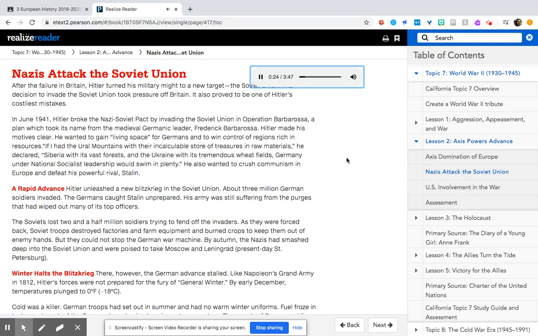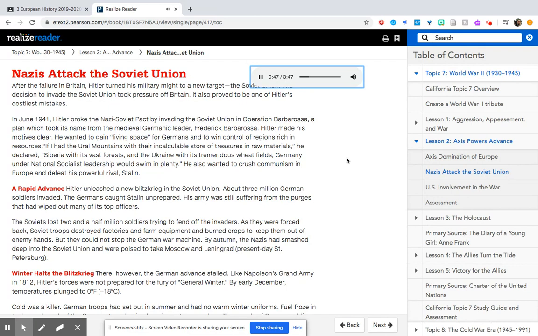There goes that honeymoon. In June 1941, Hitler broke the Nazi-Soviet pact by invading the Soviet Union in Operation Barbarossa, a plan which took its name from the medieval Germanic leader, Frederick Barbarossa. Hitler made his motives clear. He wanted to gain living space for Germans and to win control of regions rich in resources.